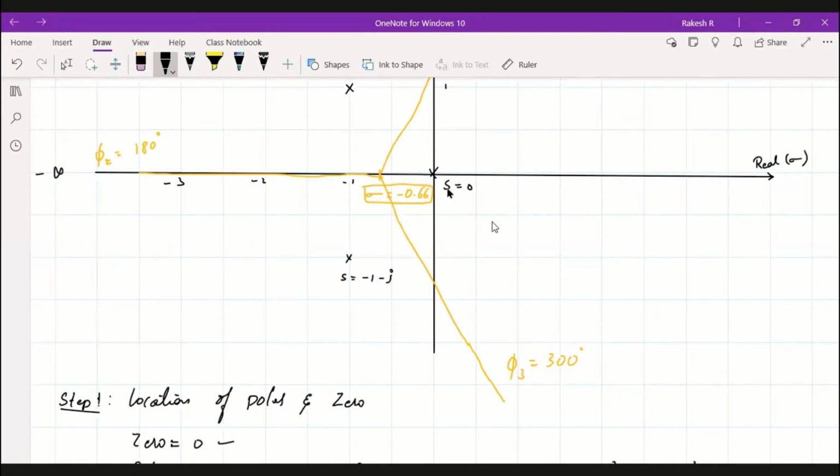S is equal to 0 is one pole. But I'm talking about in between 0 and minus infinity, not 0 and plus infinity. Plus infinity is this side, but I'm talking about minus infinity and 0, that is towards the left of the imaginary axis.